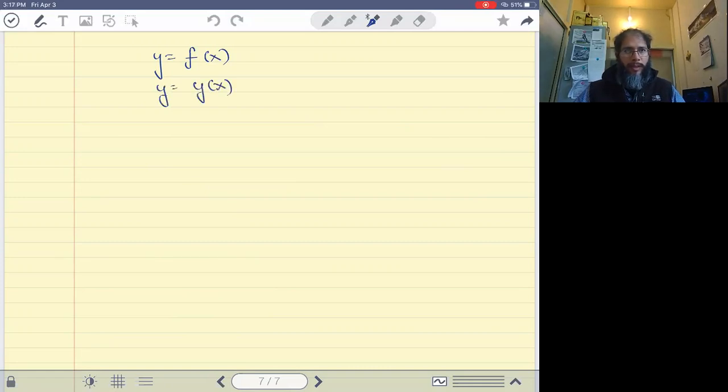So it's a very common practice where this y denotes a point in range, whereas this y denotes a function. So we tend to use the same symbol, and depending on how we are using it, we understand the meaning of that symbol. And x still is your point in domain.